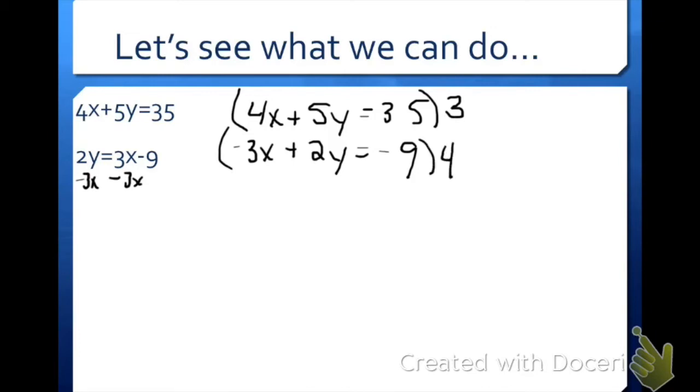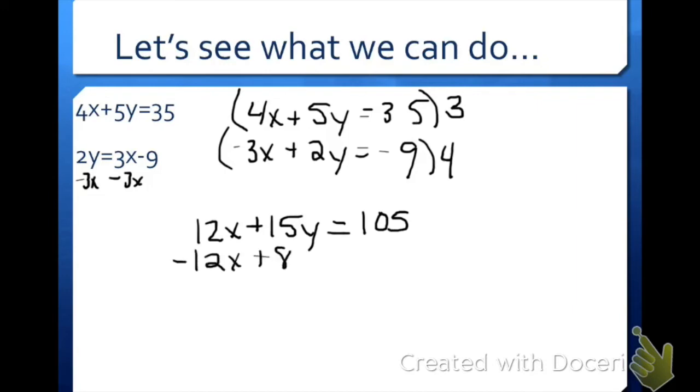When I multiply my top one by 3, I would get 12x plus 15y equals 105. Negative 12x plus 8y equals negative 36.